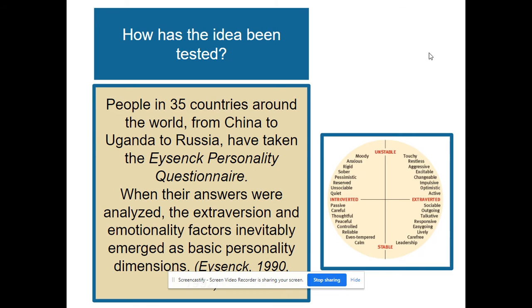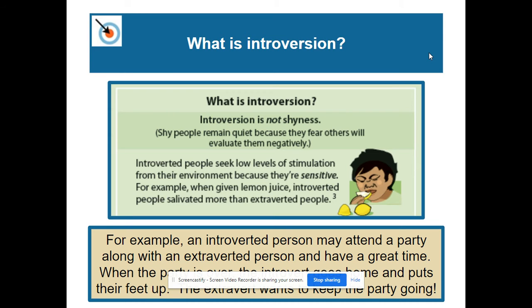So they've gone through and they've tested in many countries to look at developing these factor analyses. Again, here's a better definition of what introversion is. Typically, we think of people being shy as being introverted. That's not the case at all. Introversion has to do with where your levels of stimulation come from.